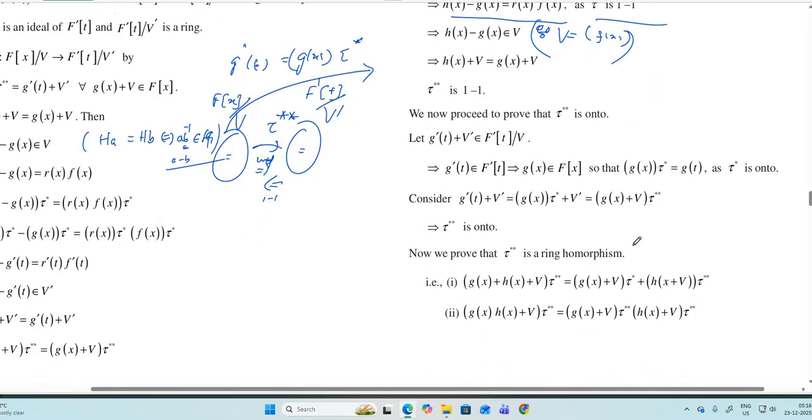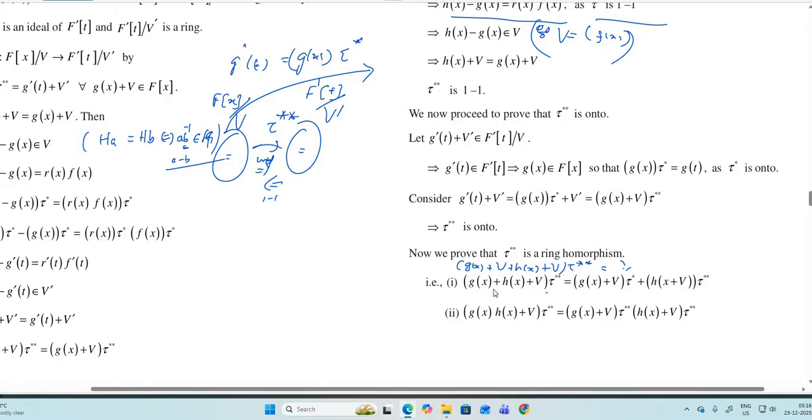Now to prove that it's a ring homomorphism, two elements in the domain are to be considered. That is, you have to consider g of x plus v and h of x plus v, two elements in the domain, and you have to show that it is equal to this. But this is nothing but g of x plus h of x plus v.